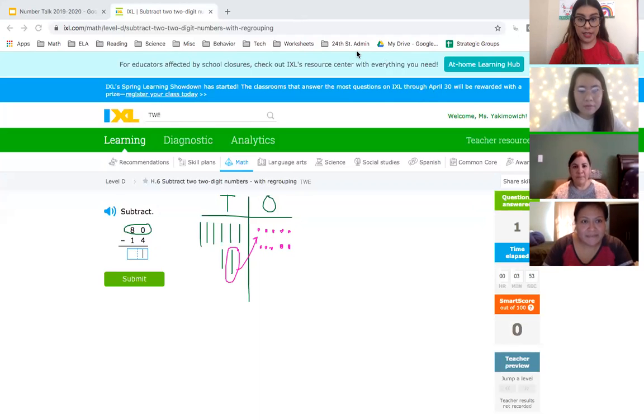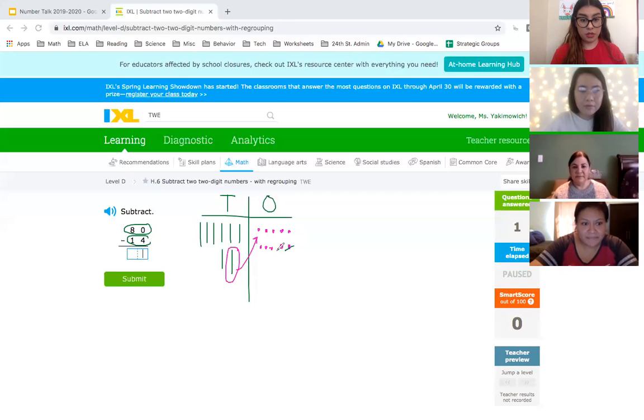Let's try this again. I subtract 14, that's my subtrahend, and 14 is made up of 4 ones. So 1, 2, 3, 4. And then what I have left is here. And I have to remember my tens now.